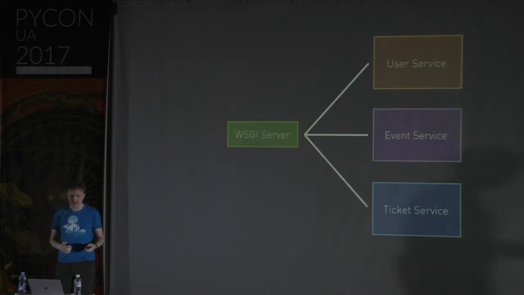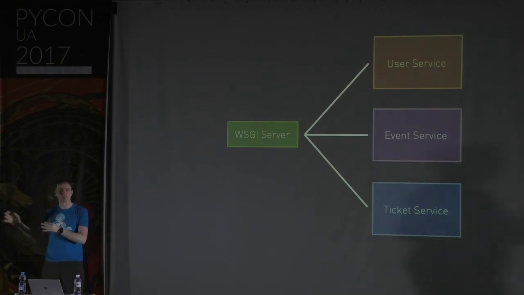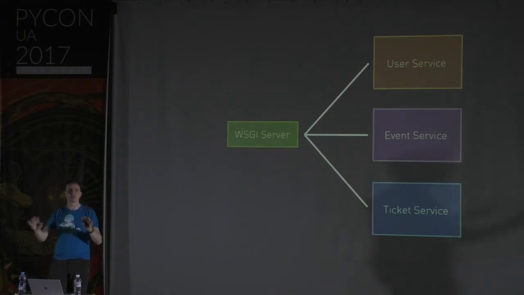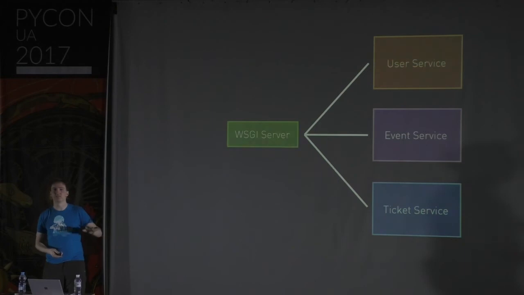And this lets us then take those things and reason about them as black boxes, as opaque boxes. And so we can say, well, this team understands the user service. They understand how to talk to it, they understand how it works, and the rest of us can ignore it. All we need to know is that we can say, hey, make a user, hey, delete a user, hey, change a password.